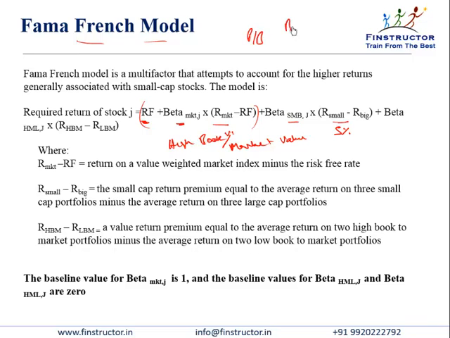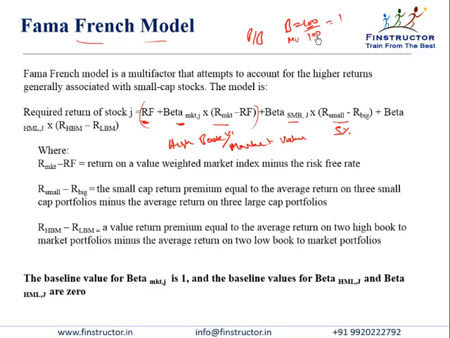So if a company has a book value of $100 and a market value or a market cap of $100, then the book to market ratio is 1. That means this is how much shareholders have invested in the business. Book value is what the shareholders have invested in the business or what the company has retained from the shareholders, and market value is the current price.